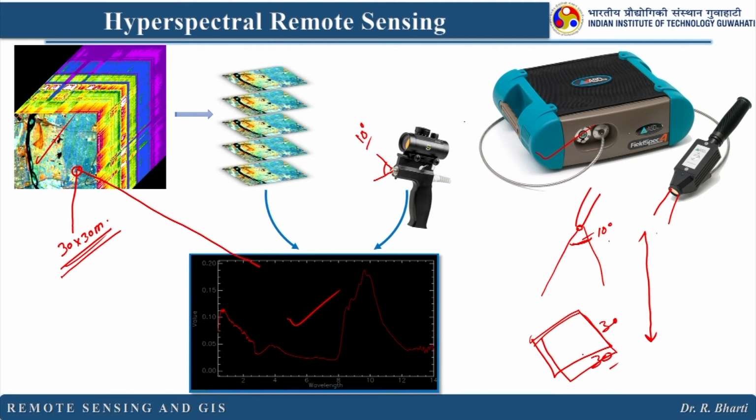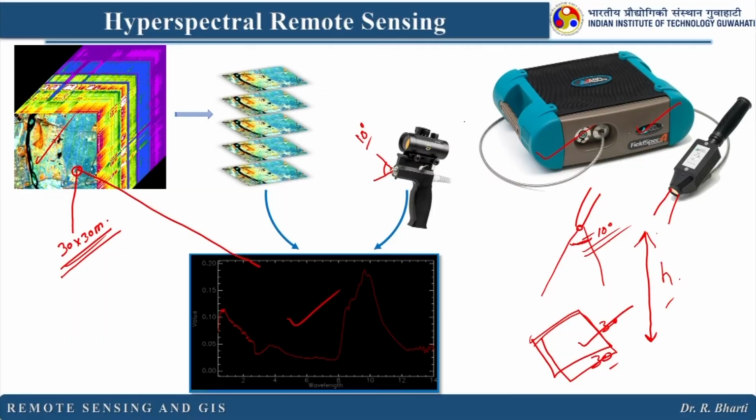So, you have to get only one spectra using this field instrument, and for that you have to decide what will be the H, because this is known, this is 10 degree in this case, this is just for example. So, when you are using this, you can exactly match the field measured spectra with the space measured spectra.